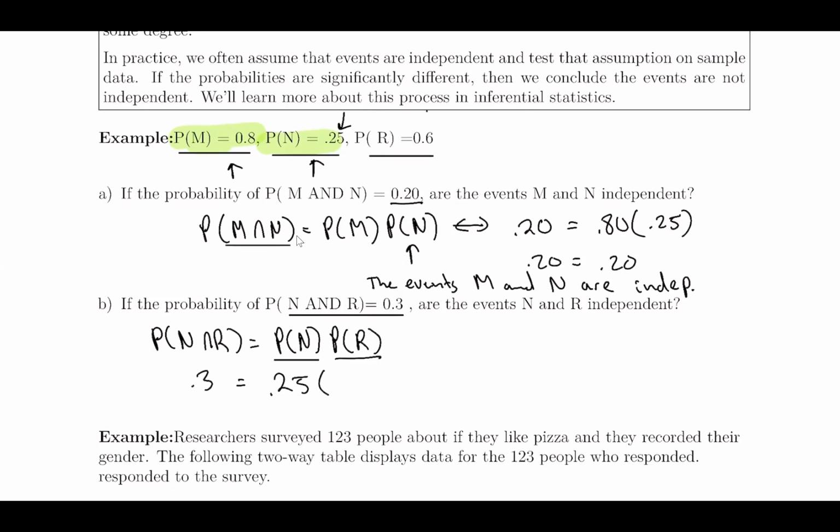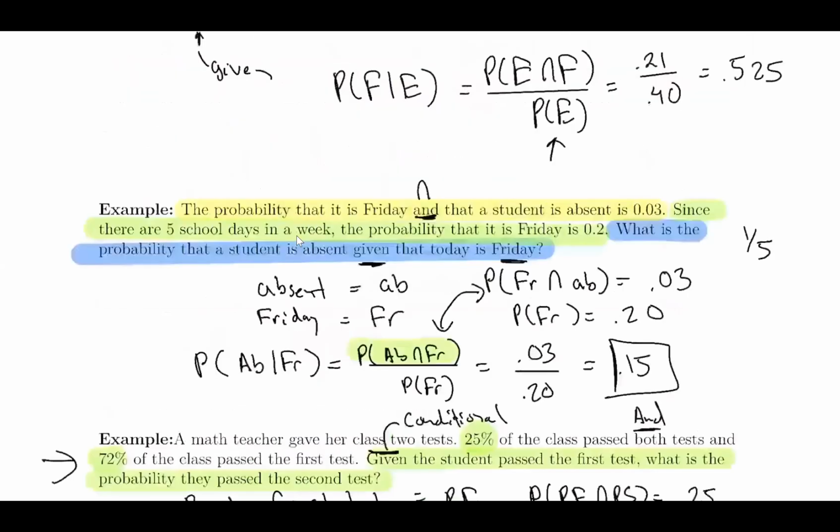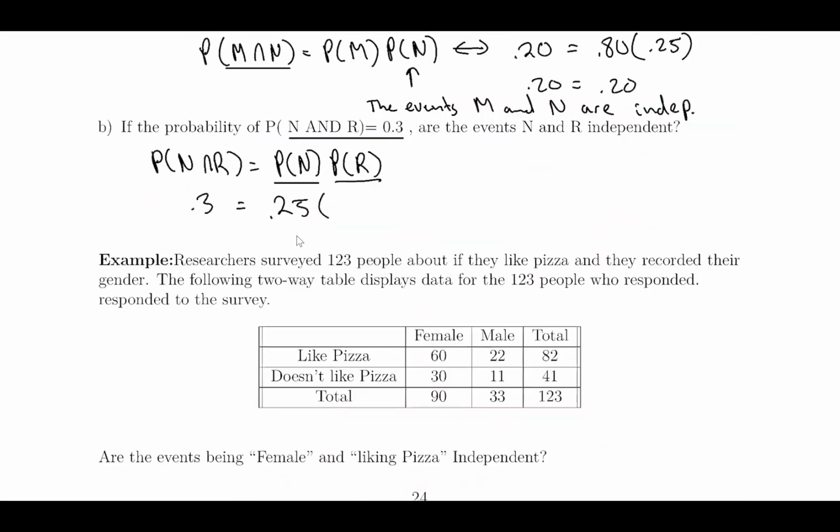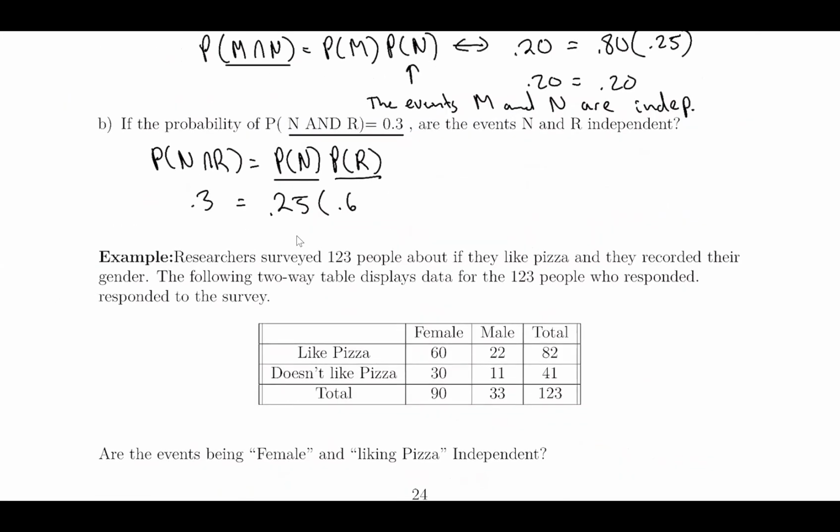The probability of R, well, that's going to be 0.6. If I do 0.25 times 0.60, what would I get? So I get 0.3 is equal to 0.15.